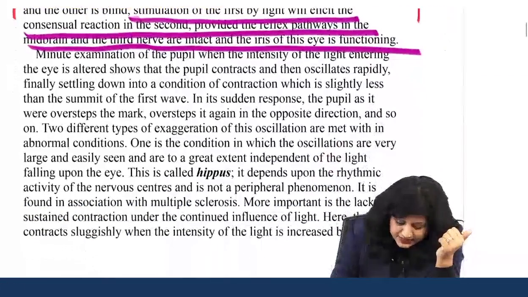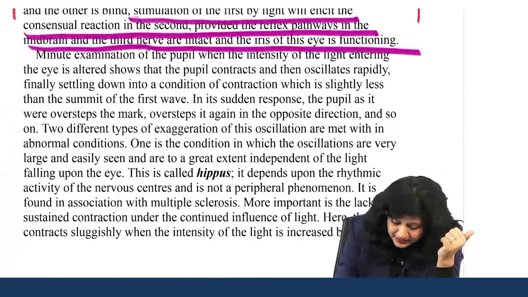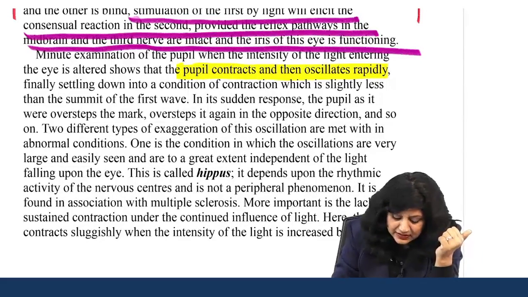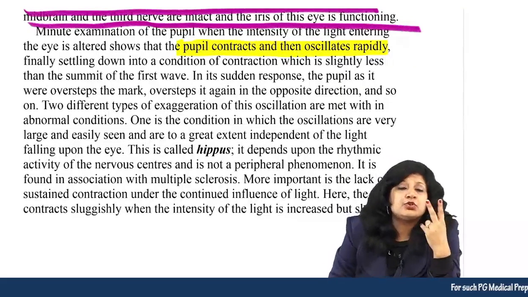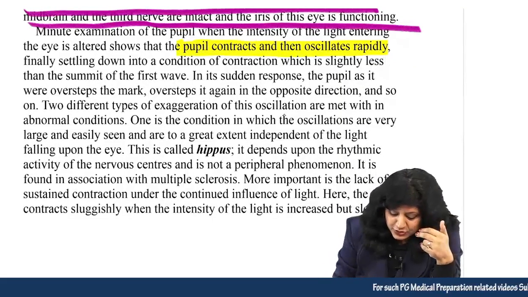Minute examination of the pupil when the intensity of the light entering the eye is altered shows that the pupil contracts and then oscillates rapidly, finally settling down into a condition of contraction. So we have got two different kinds of exaggeration of this oscillatory response.